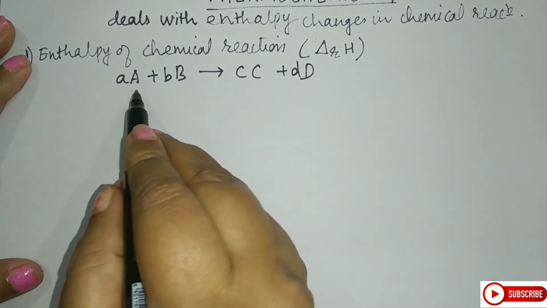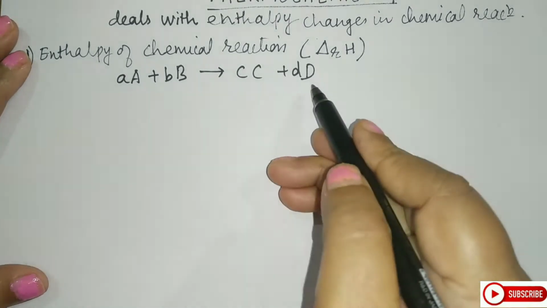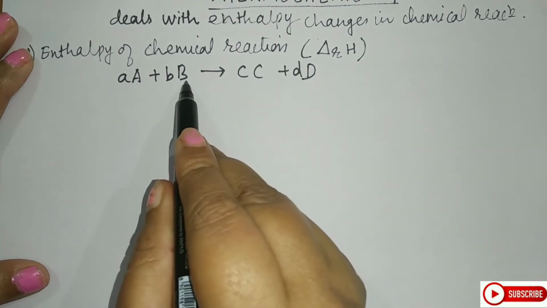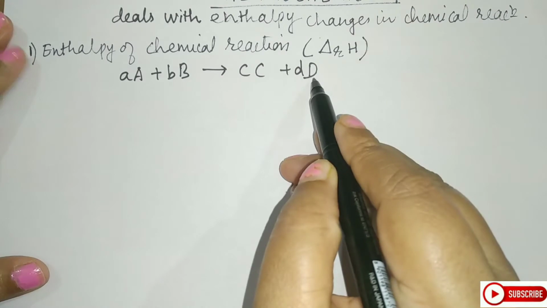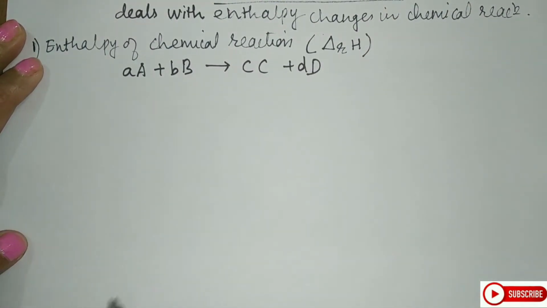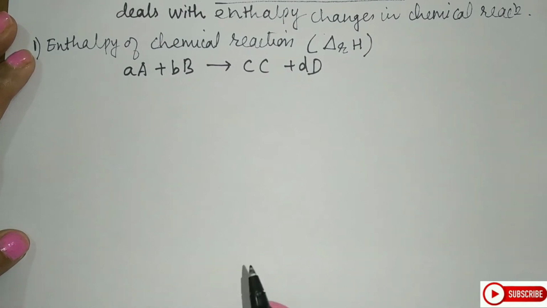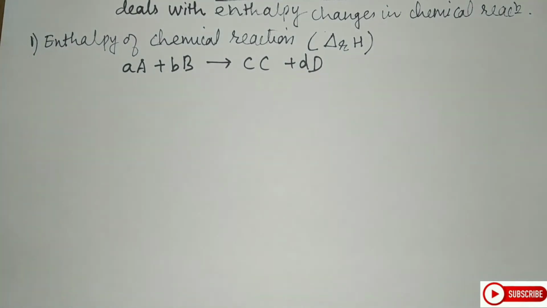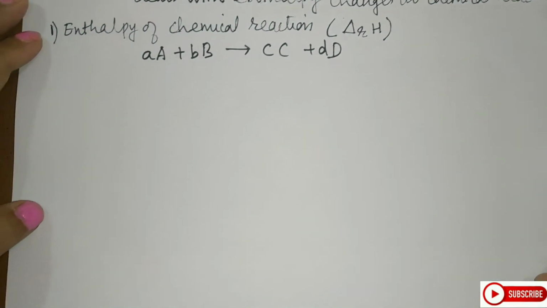Now students, here the capital A, B, C, D are the reactants and products, while the small a, b, c, d represent the stoichiometric coefficients, meaning they are the moles of the reactants and the products. Now how to calculate this?